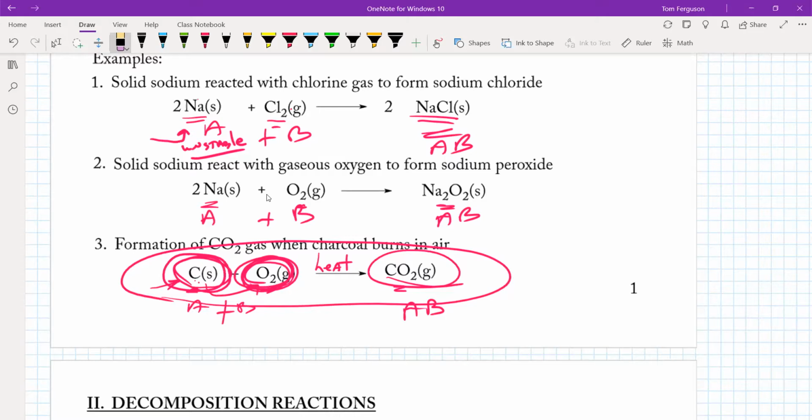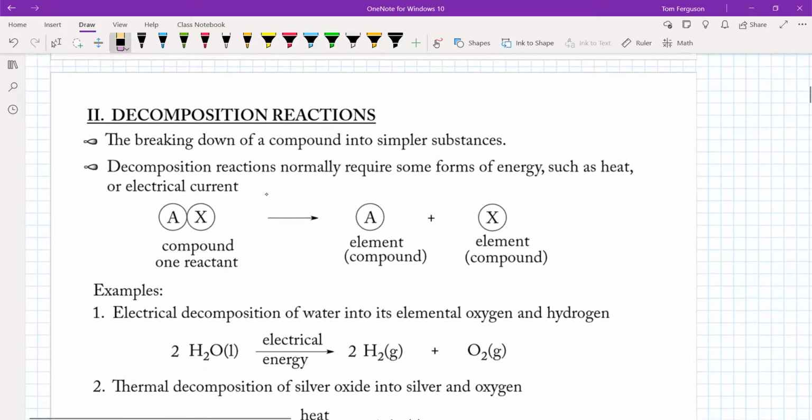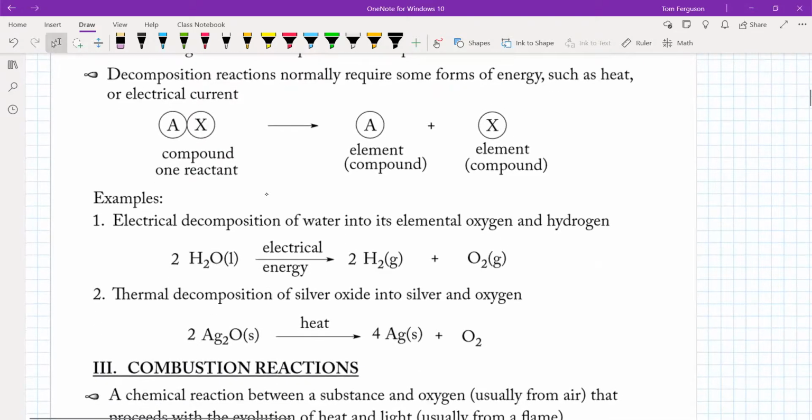Now the opposite of that is a decomposition, where you have something like AB, or in this case AX, and it decomposes into its parts. For example, if we took water and put it in a tube with a battery, it will end up producing oxygen gas and hydrogen gas.